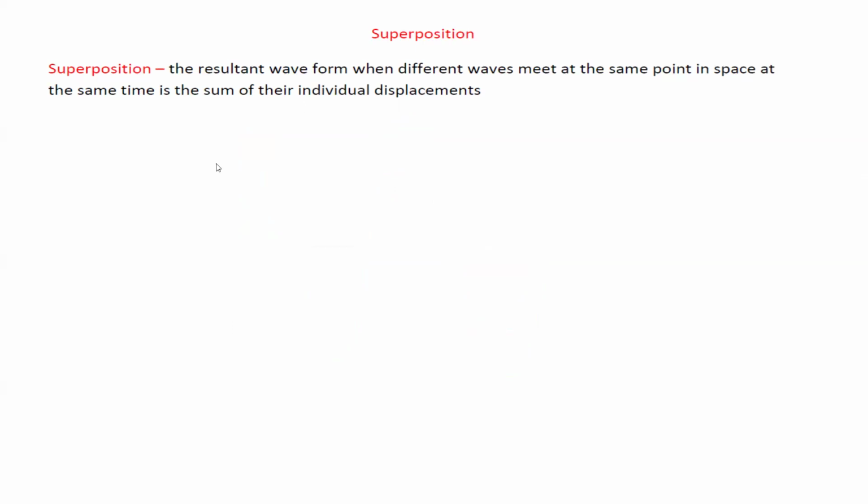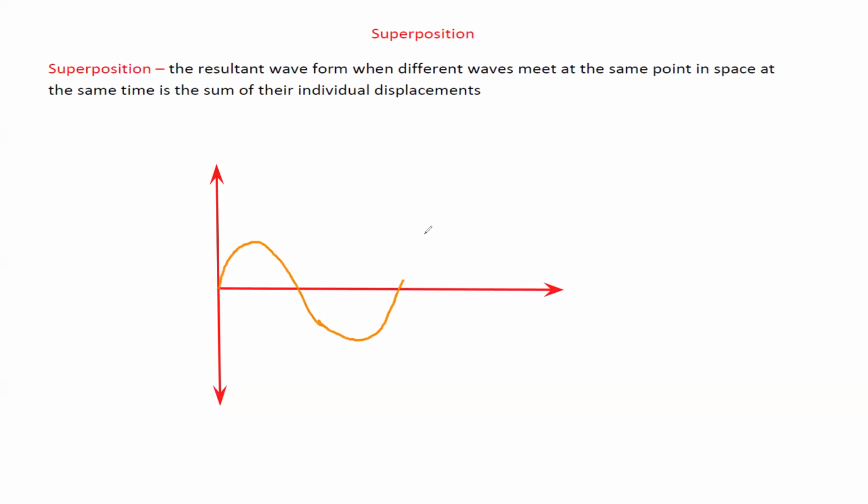Say this is the y-axis, and here is the x-axis. So this is wave 1. And the green line is representing wave 2.